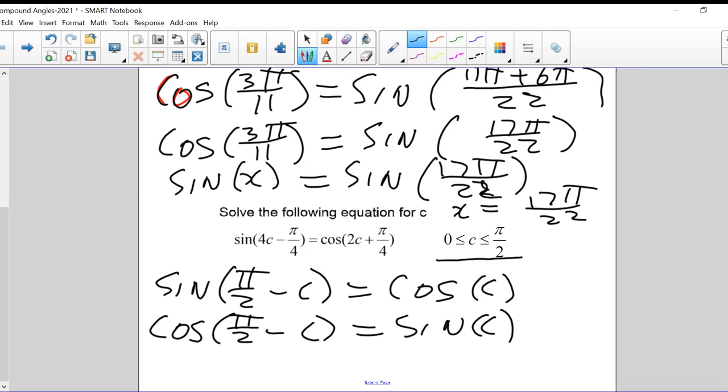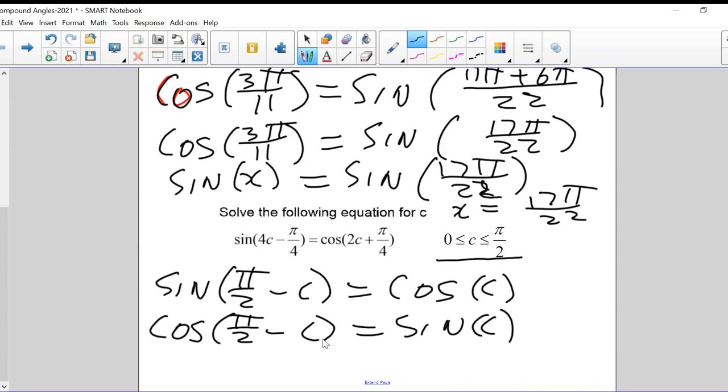Either one would help us in this case. Here the sine of this thing is equal to the cosine of that thing. It truly doesn't matter which side you rewrite. For no particular reason, I'm going to rewrite the left side.